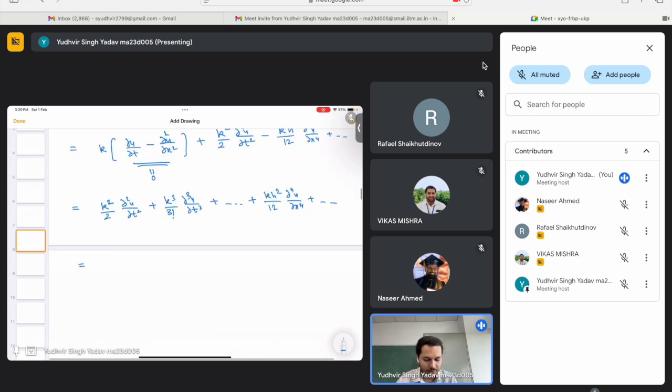So for the order of this scheme, the order will be k plus h square.